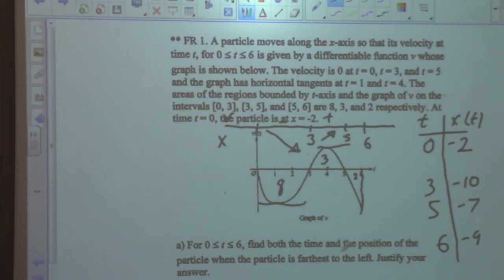So what's the time and position when the particle is farthest to the left? When is the particle farthest to the left?